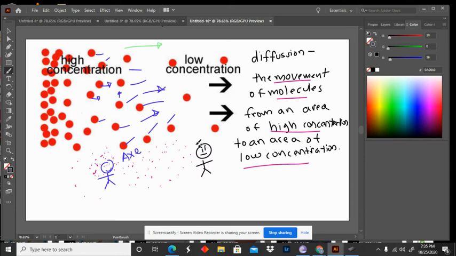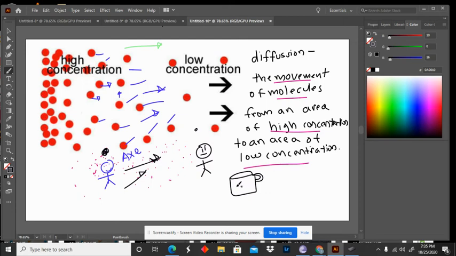I tell them, do it after. So why does this happen? Well, because of wonderful diffusion. Highly concentrated here, low concentrated here, and the molecules are going to move from high to low. This also happens when you get, let's say, look at this wonderful art right here.